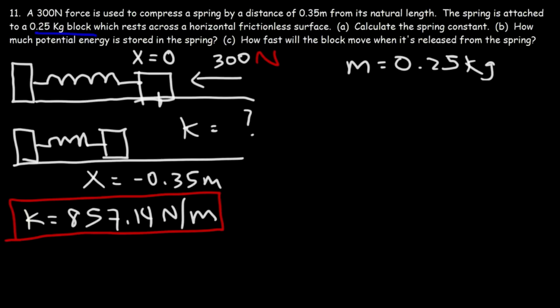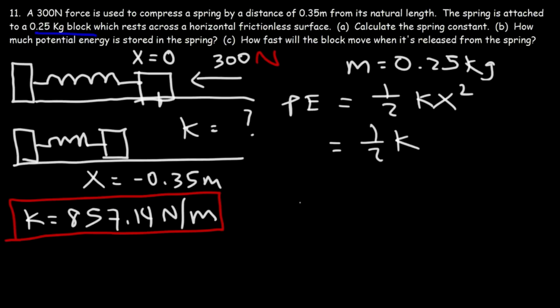How much potential energy is stored in the spring? The formula that we need is this equation. The potential energy of a spring is 1/2 kx squared. So k is 857.14. And in this example, x is 0.35.